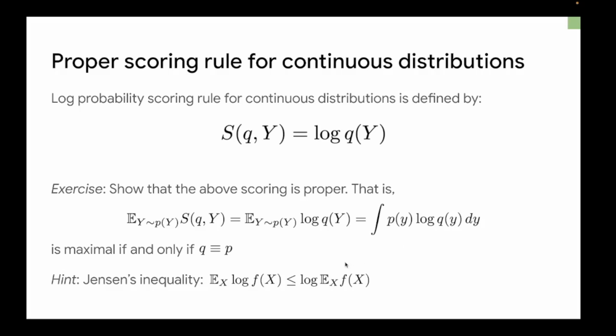I'm not going to prove it here, but I wish you to try it by yourself. The hint is to use Jensen's inequality, which states that if you take the average of log of some function, that's smaller than log of average. Here average should be with respect to some probability measure, actually. It has to sum to 1.